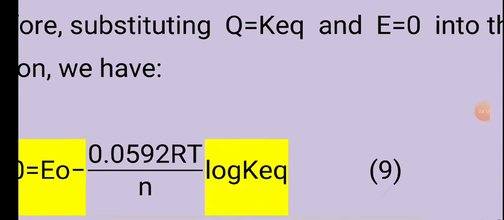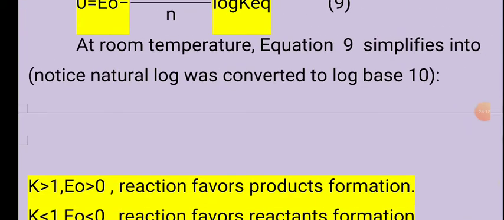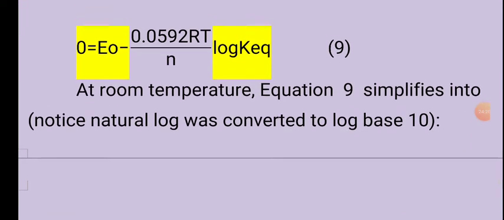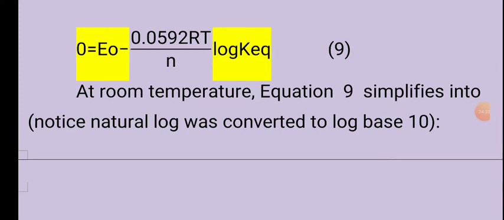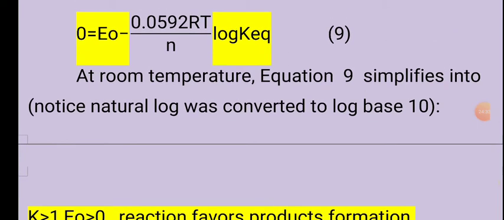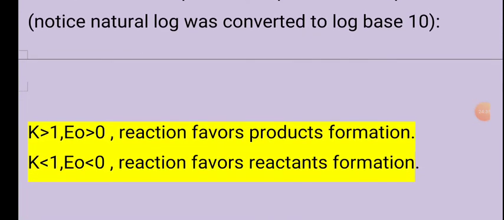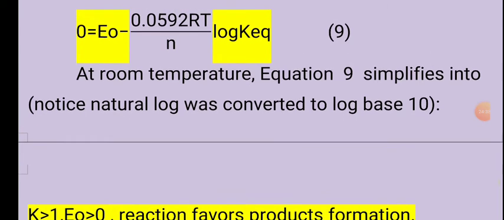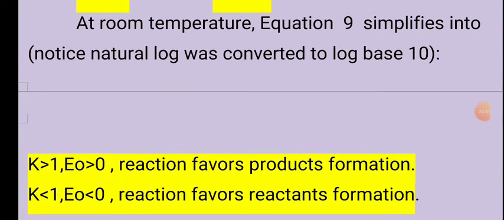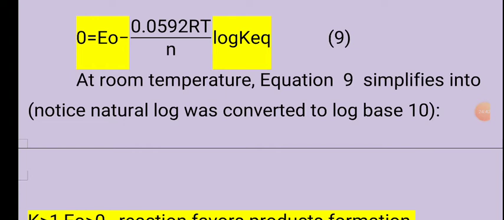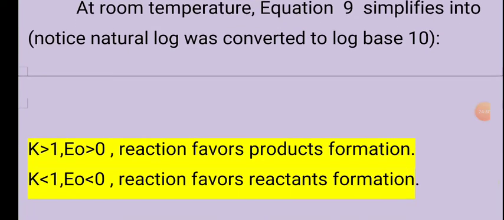So please remove the RT from this equation; there is a mistake. So ultimately 0.059 by n log K equilibrium will be equal to E0. Now if I know the E0 value, then we can calculate the K value, or the opposite.